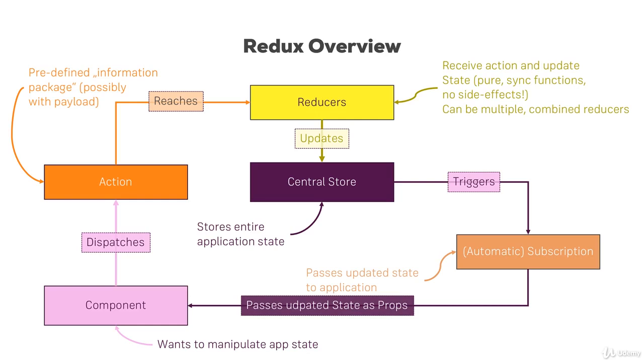We have a pattern which consists of actions and reducers and also these subscriptions. Now, when combining it with React, we have a helpful package, another library, which makes this connection very easy so that we don't have to do the heavy lifting of subscribing. That's exactly what I will show you. I will show you how to connect Redux to your React Native app. So with that out of the way, let's add Redux to our demo app.